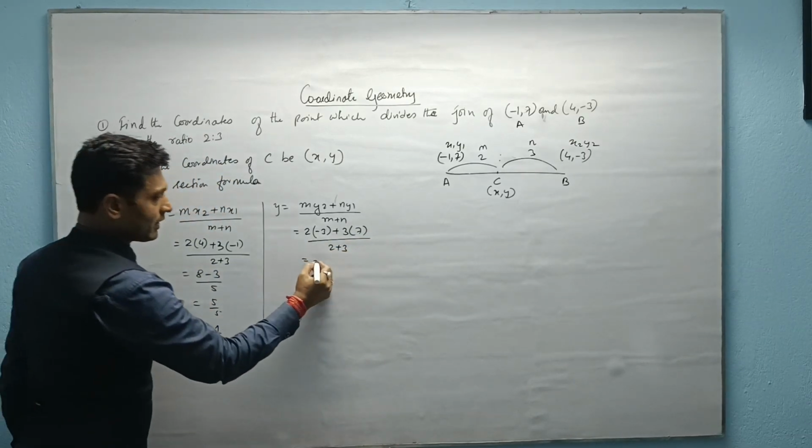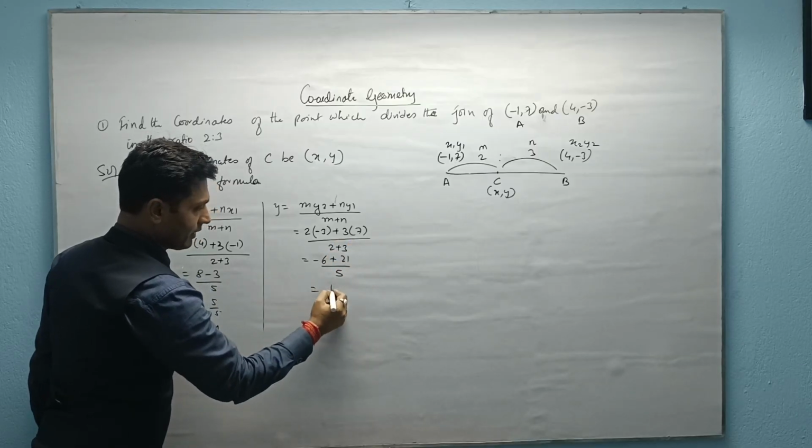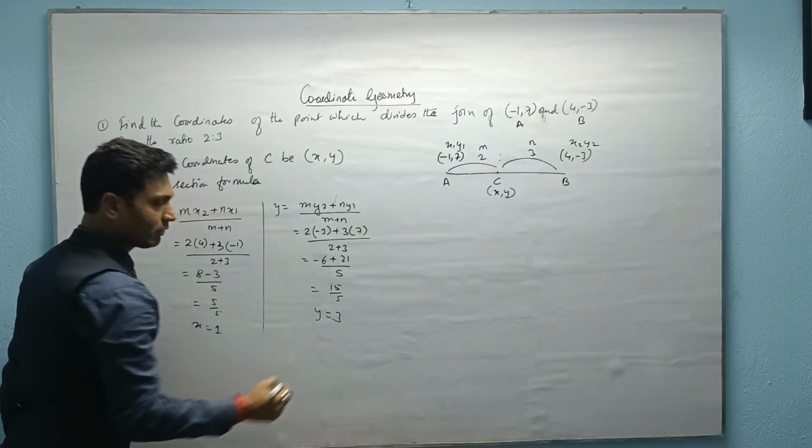So 2 into -3 is -6, 3 into 7 is 21, divided by 5. So 21 minus 6 is 15 by 5, y is equal to 3.